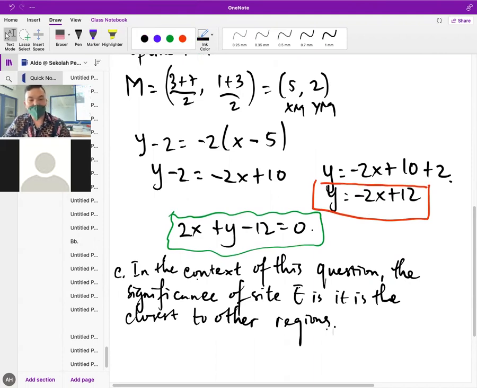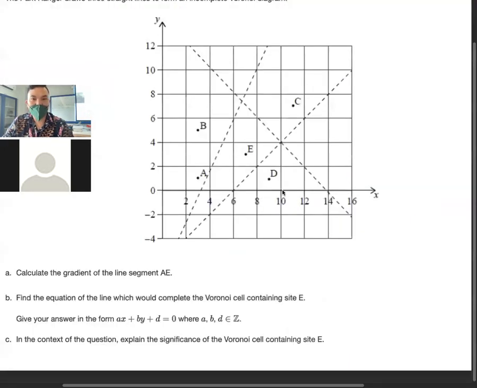So if you want to go to D, it's the closest from E. To C, it's closest from E. To B, it's closest from E. To A, it's closest from E. Something like that. That's the significance.